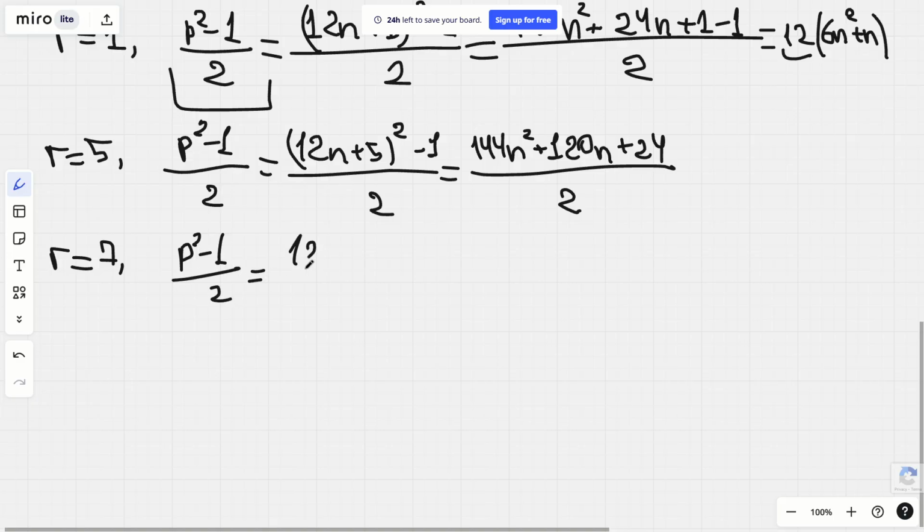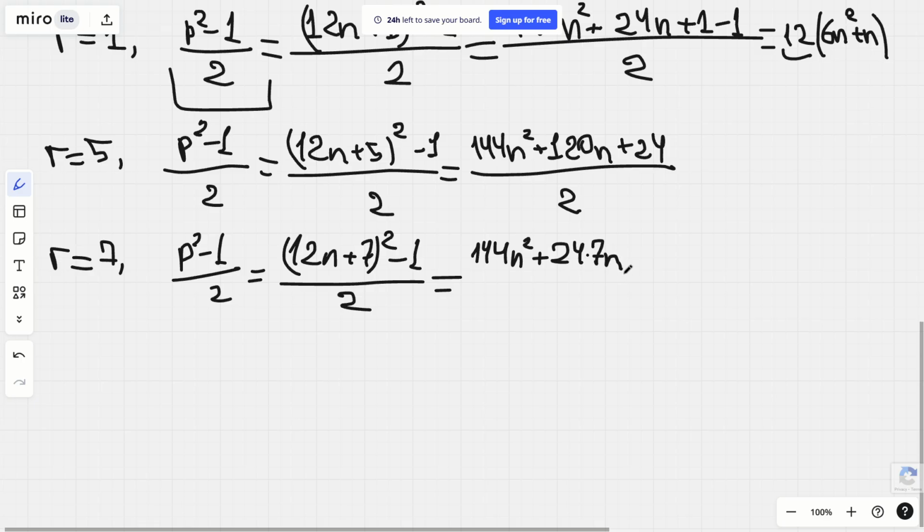This is 12n plus 7 squared minus 1 divided by 2. It's 144n squared plus 24 times 7n plus 48, divided by 2, and of course this one is also divisible by 12. And finally we can solve for r equals 11.